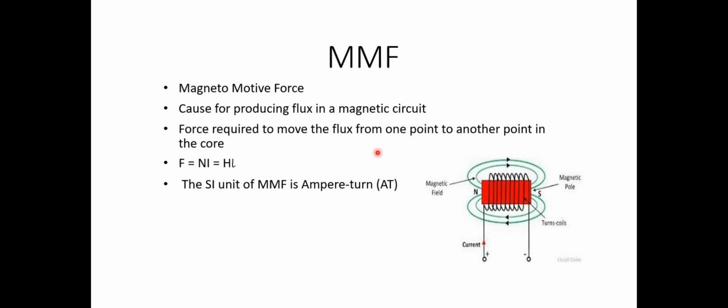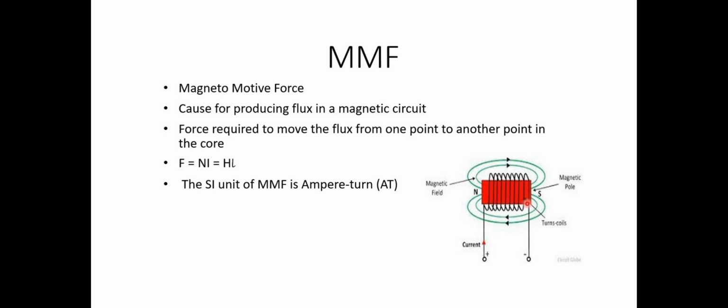Or it can also be defined as the cause for producing the flux. See here, there is a bar magnet which is bound with a coil, and through the coil a current is passing. Around the magnet there is a magnetic field due to the current passing through the coil. There are two magnetic poles, north and south poles, that are mentioned here, and the magnetic field follows the direction from north to south.